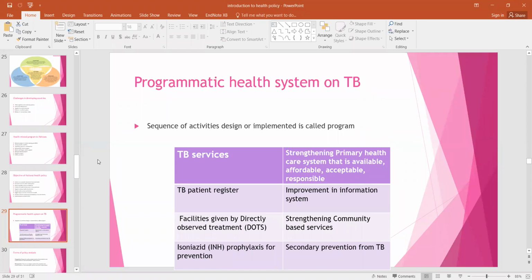A TB patient register is maintained at each DOTS center, which improves the information system. The treatment given by DOTS strengthens community-based services. And prophylaxis of isoniazid is given, which strengthens secondary prevention from TB.